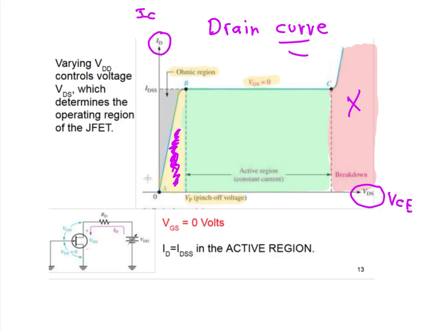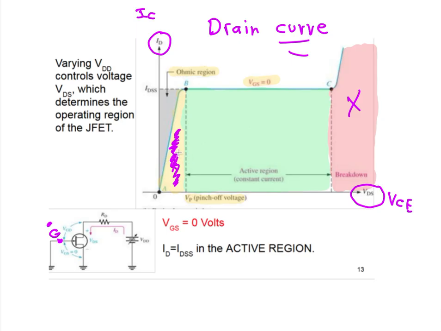But anyway, if you look at this little circuit here, we've taken the gate lead here. This is again an N-channel JFET. Look at the arrow direction, and we tied it to ground. So that forces VGS to be 0. When the gate source voltage is equal to 0, that conduction channel is wide open.